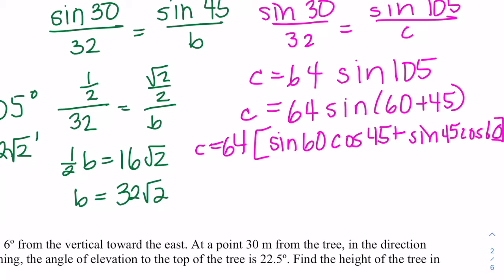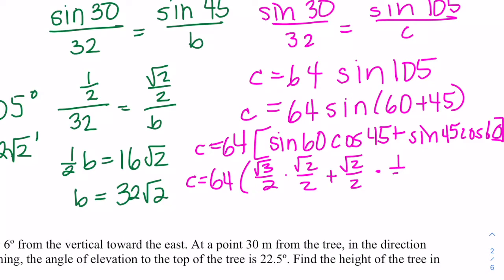When we simplify that, we know that sine of 60 is root 3 over 2, cosine 45 is just root 2 over 2, sine of 45 is again root 2 over 2, and cosine of 60 is just 1/2.